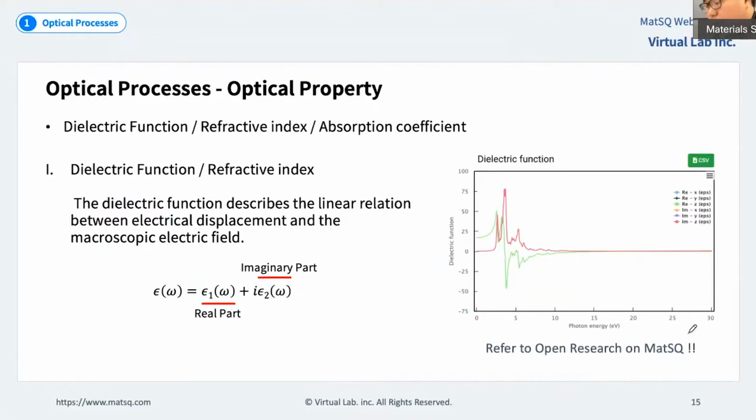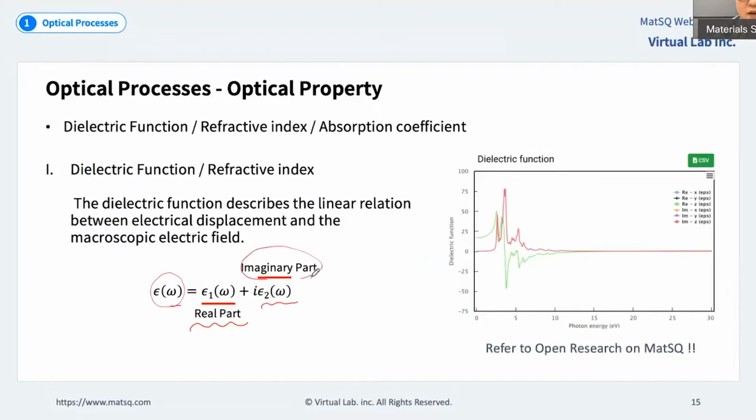Here we usually use epsilon. The dielectric function can be expressed as a complex number, where epsilon 1 is the real part and epsilon 2 is the imaginary part of the dielectric function.